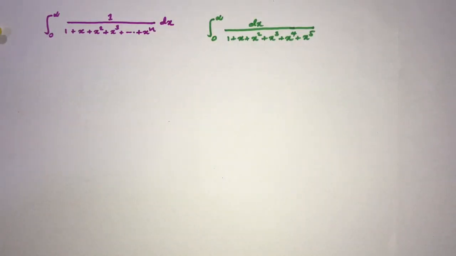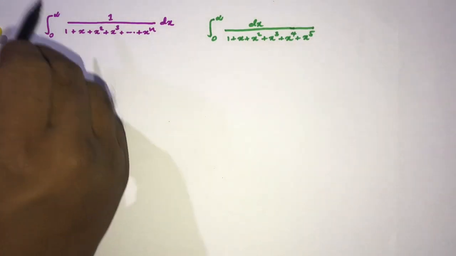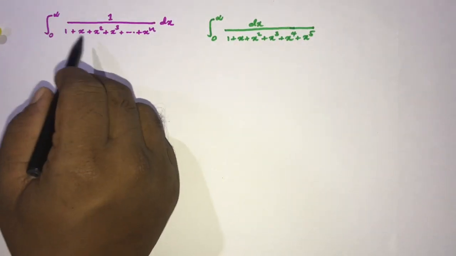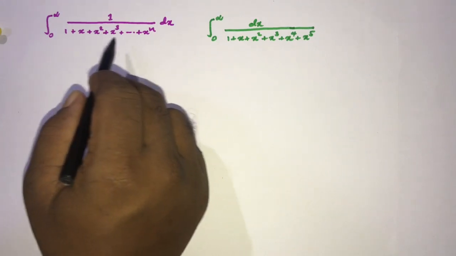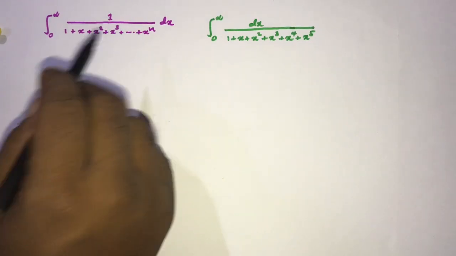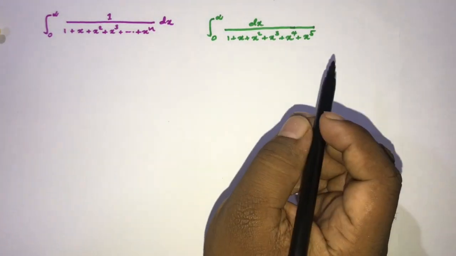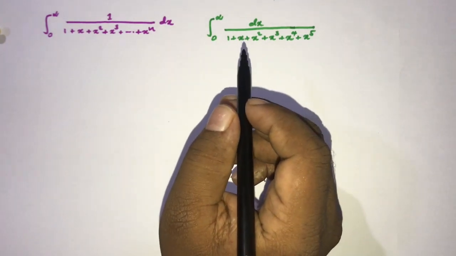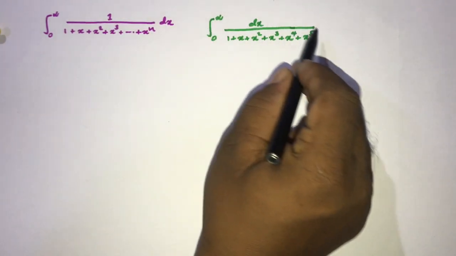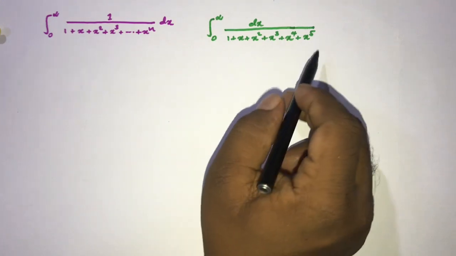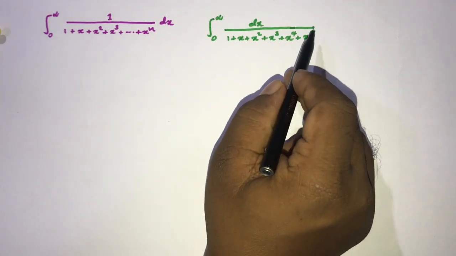In this video we are going to evaluate another interesting integral, from 0 to infinity of 1 over 1 plus x squared plus ... plus x to the n. A couple of weeks ago we evaluated this integral with x to the fifth power.